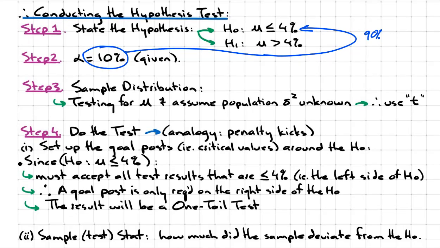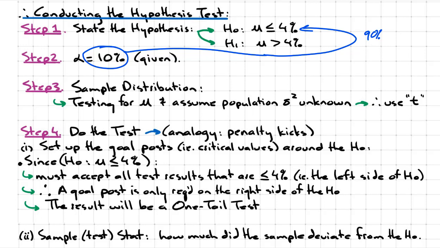And step 3, we identify the distribution for the sample. And what's the sample here? The sample is the mean. We're testing for the mean. So then we're going to ask, how's the sample mean distributed? Now, when you're looking at distribution of sample means, there's only 2 distributions possible.